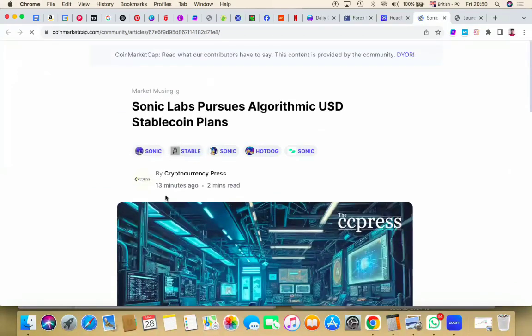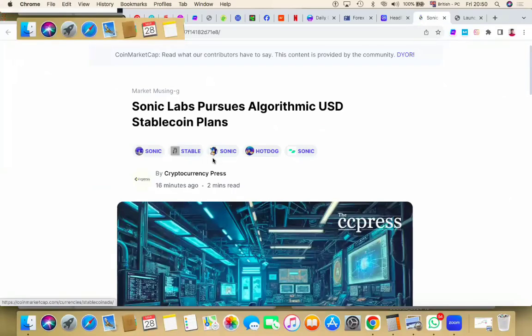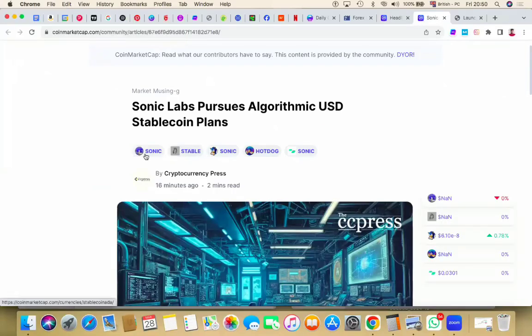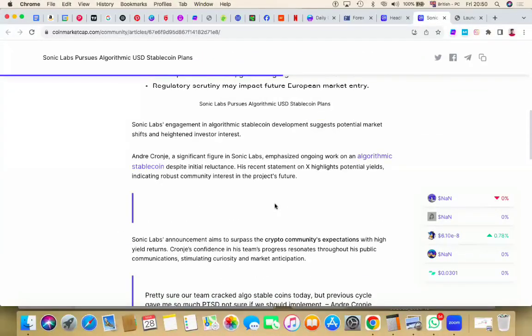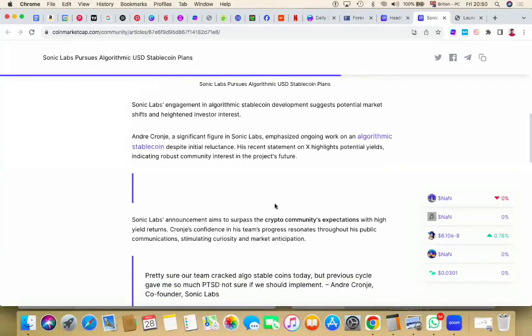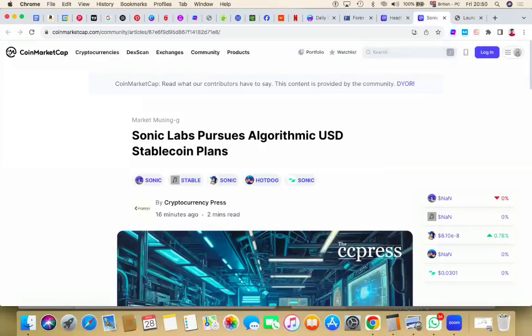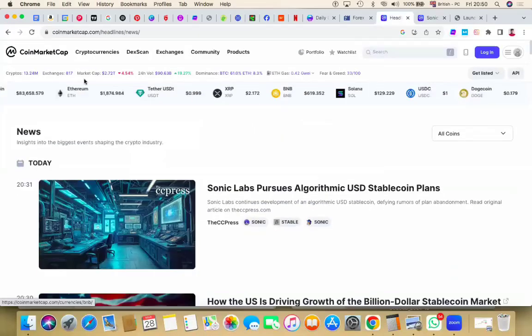We can see the tag of this coin, and the currency pairs this news is talking about. If we scroll down, we have more details about what the news is, just to give us an insight.